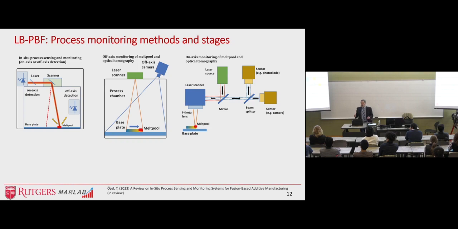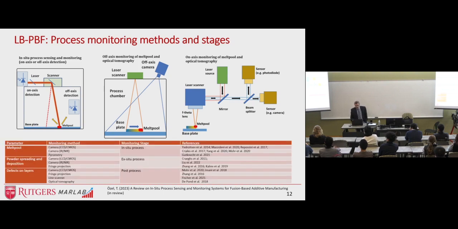In this case, you have to be very good in optics and also lasers in order to separate those views from the melt pool, because you have a laser scanner, you have f-theta lenses, but the radiation coming back from the melt pool is picked up by these sensors, photodiodes that can be used. Either single or two color photodiodes can be used.